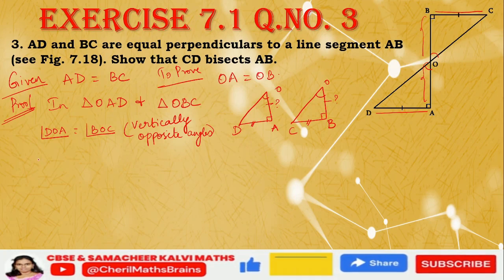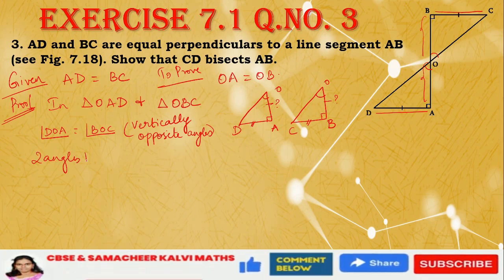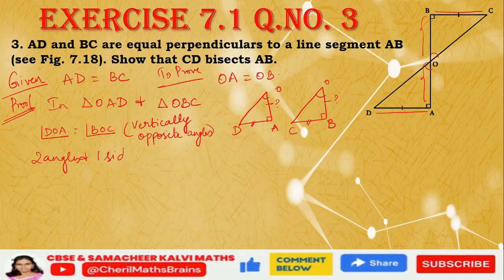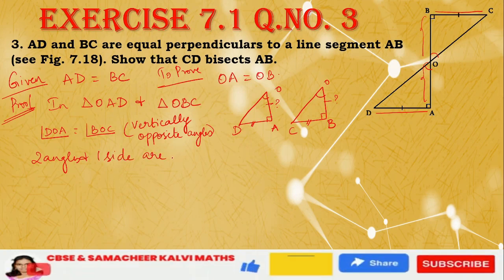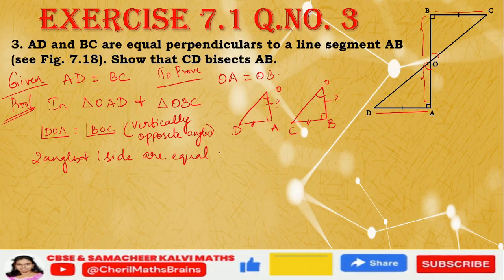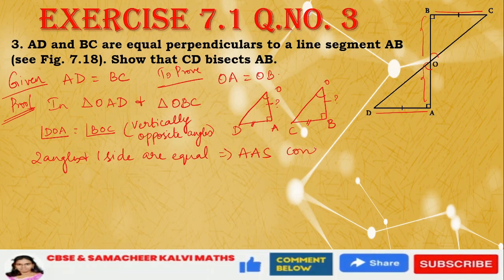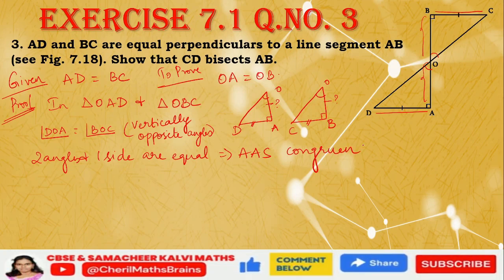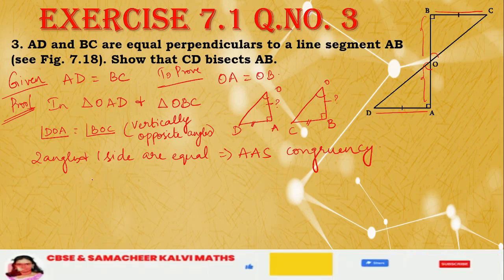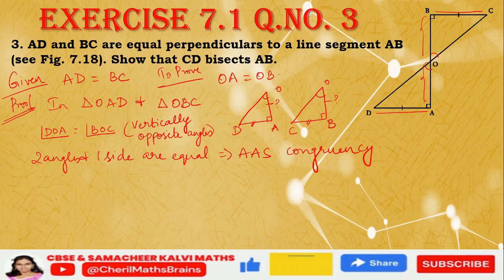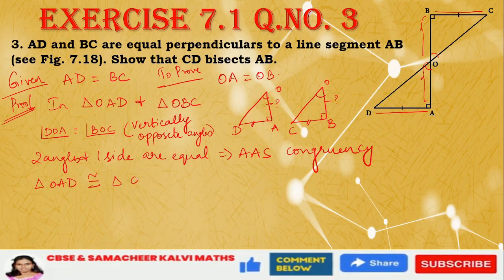If two angles and one side are equal, you can call it AAS congruency.